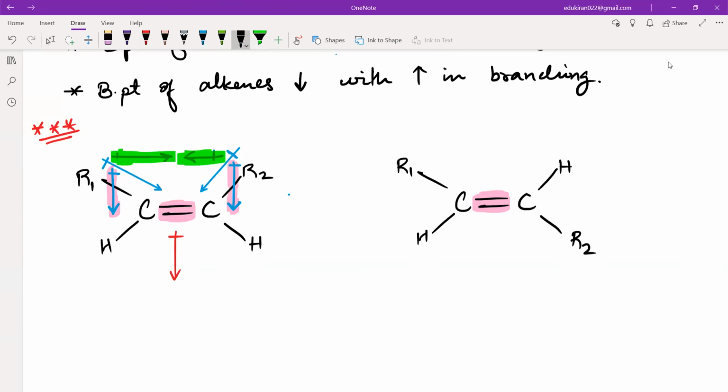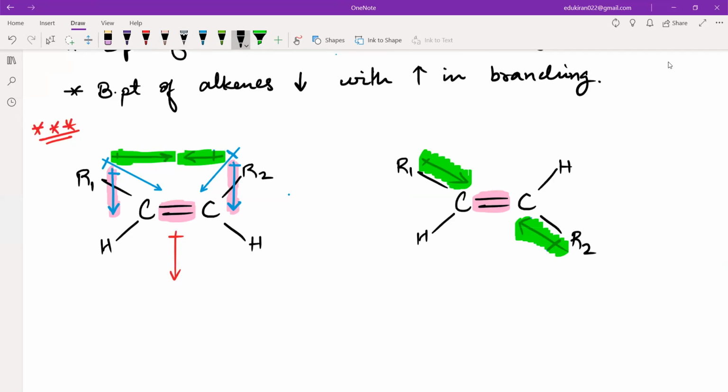Opposite. Okay. Now let us look at the dipole moment in the trans alkene. This will be the dipole moment in trans alkene, correct, guys? Now, these two are in opposite direction.